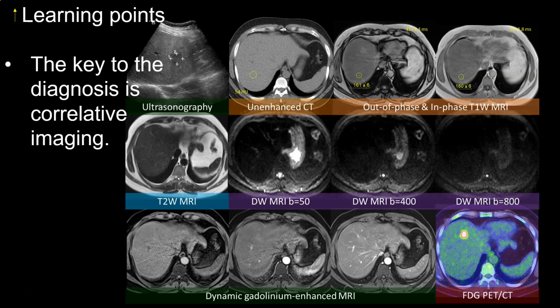But if you put all these things together the way we did, together with the quite interesting findings in the out-of-phase and in-phase images, where the fatty liver drops the signal on the out-of-phase and the iron overload drops it on the in-phase, adding to that the information from the literature that focal parenchymal sparing in fatty liver may show uptake of FDG on the PET-CT, then you can make the correct diagnosis and you spare the patient the trouble of the biopsy.